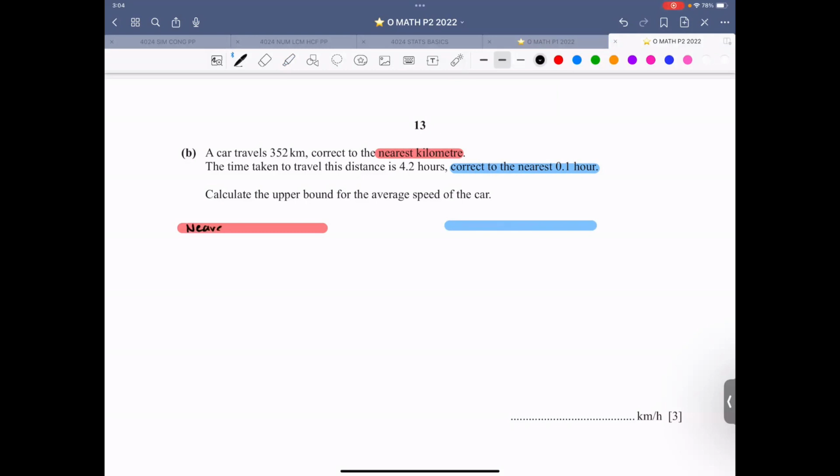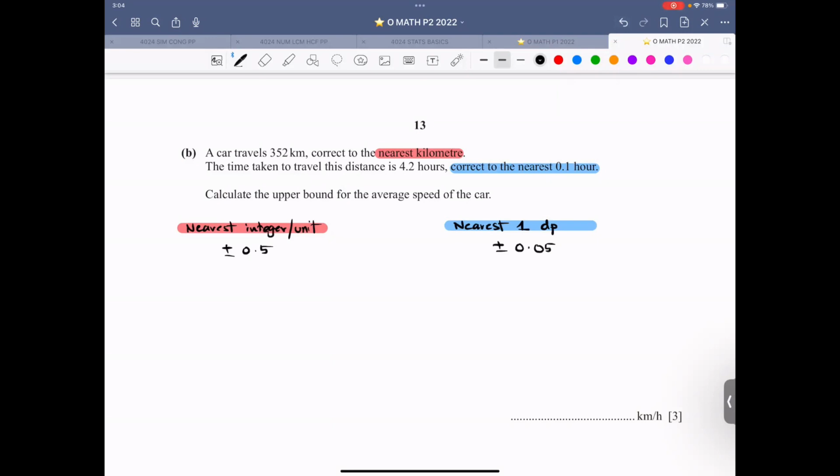Whenever the question is about the nearest integer, nearest unit, nearest kilometer, nearest meter, versus when it's about the nearest 0.1 or 1 decimal place, we add and subtract 0.5, or we add and subtract 0.05.